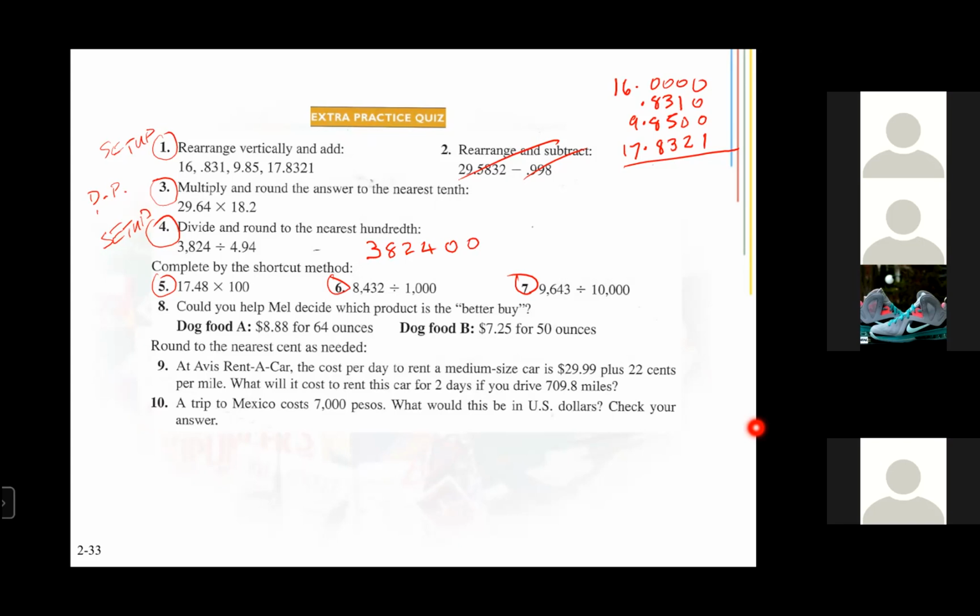Because you moved the decimal point 2 places to the right for the 4.94, how are you going to adjust the 3824? If you move the decimal point 2 places to the right for the 4.94, you have to move it 2 places to the right for the other one also. So both of them have to move to the right 2 places. So when you move that 3824 2 places to the right, what will you get?